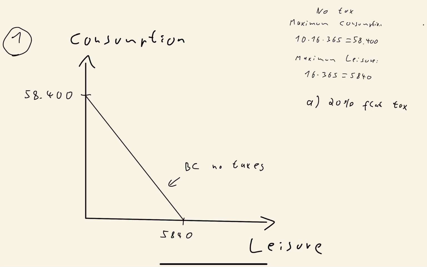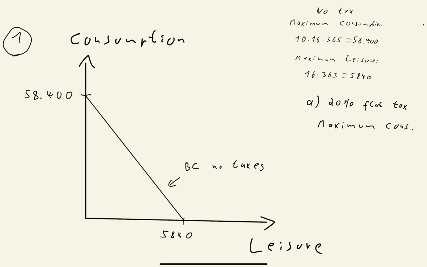Now, what changes is the maximum consumption. Why does it change? Well, the reason is simply because we do not earn $10 per hour anymore, but we only earn 0.8 times $10. So our net salary will now be $8 per hour.